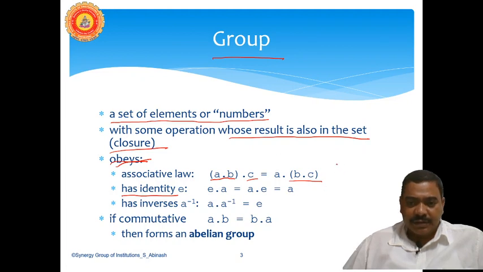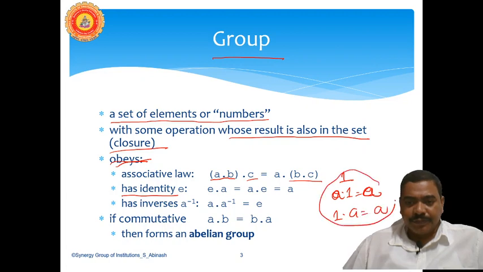For example, 1 is the identity in the real numbers, so that A dot 1 is equal to A, and 1 dot A is also equal to A. Then it has an inverse. Suppose E is the identity, so A dot A inverse must be equal to that identity.